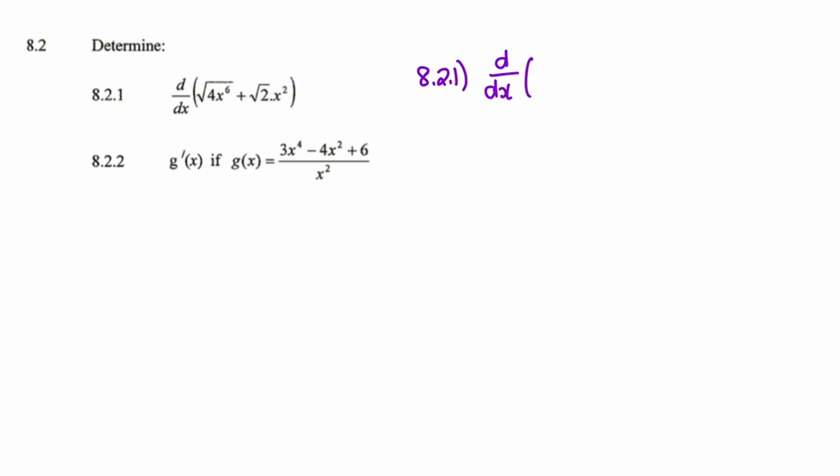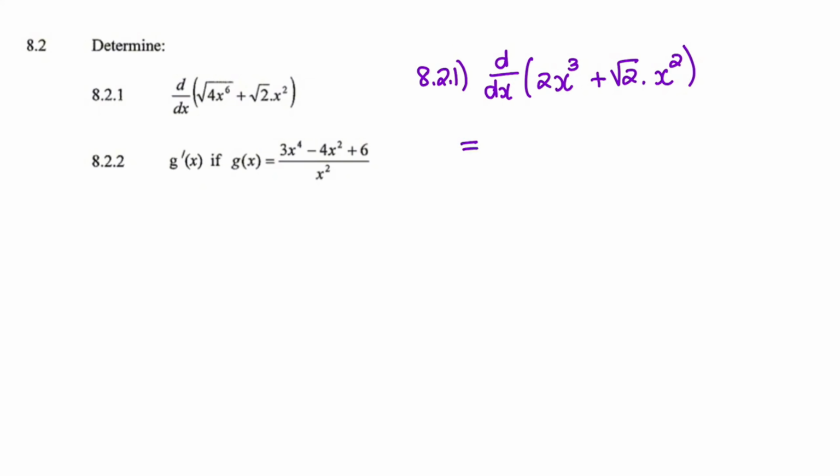We have the root of 4x to the power of 6. The square root of 4 is 2, and the square root of x to the power of 6 becomes x to the power of 3. My second term, the square root of 2 stands alone, and we multiply that with x squared.